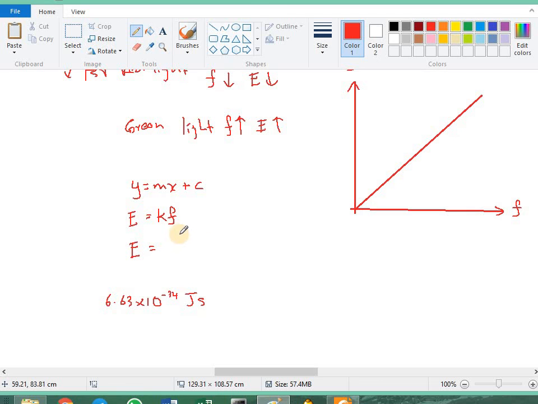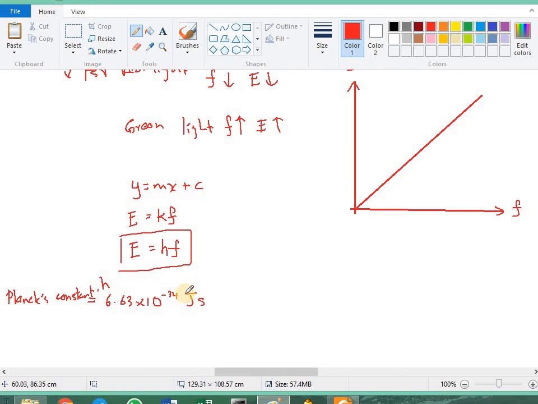This very small constant number is what we call the Planck constant. The symbol of the Planck constant is a small h, so E equals hf.